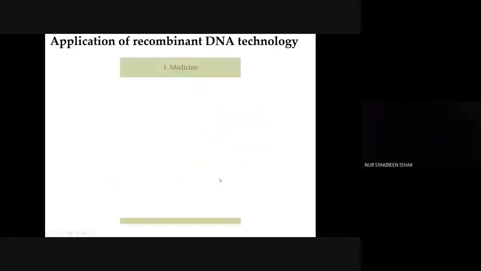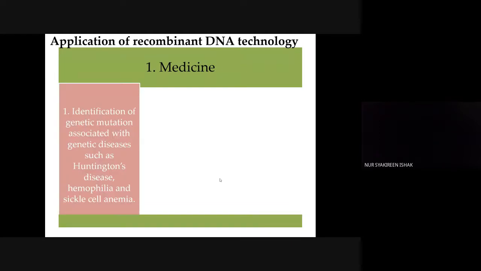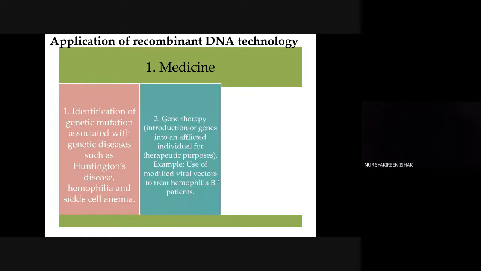so kita tengok satu-satu its application in the medicine field. First, identification of genetic mutation associated with genetic diseases such as Huntington disease, hemophilia, and also sickle cell anemia. So you could investigate what happens to the gene, to your DNA, that causes these different types of genetic disease.